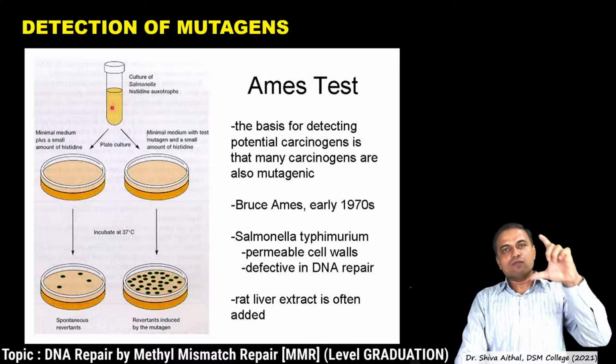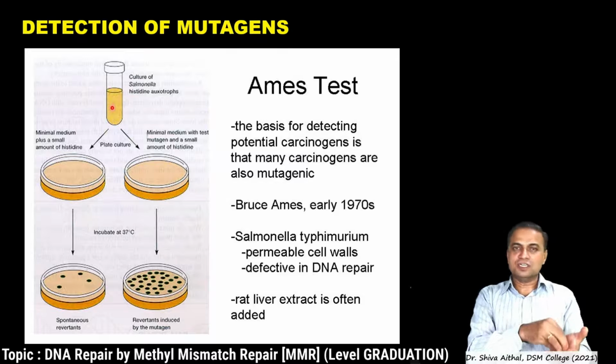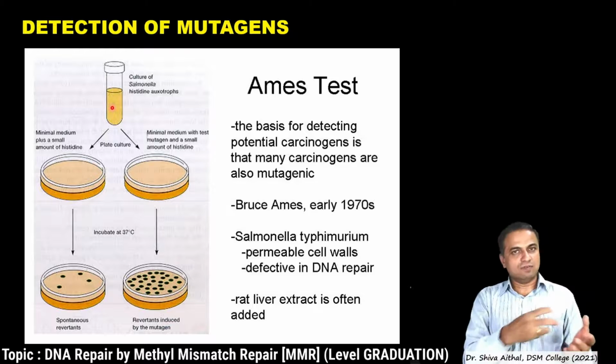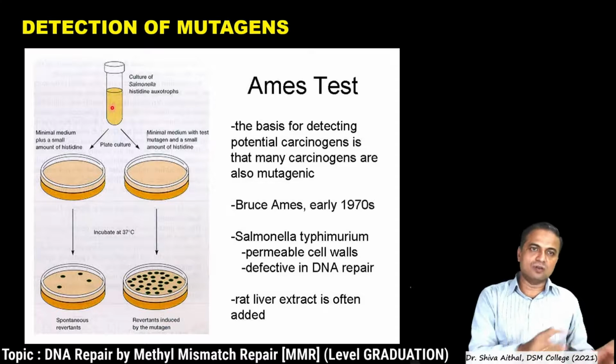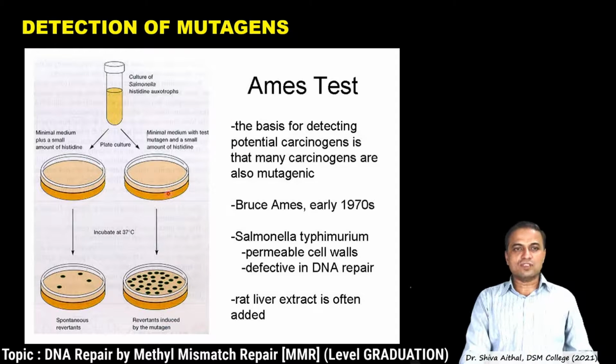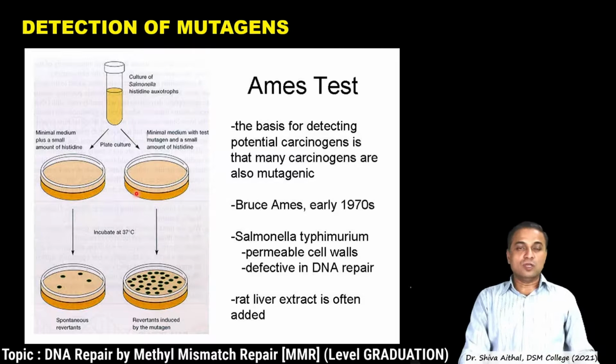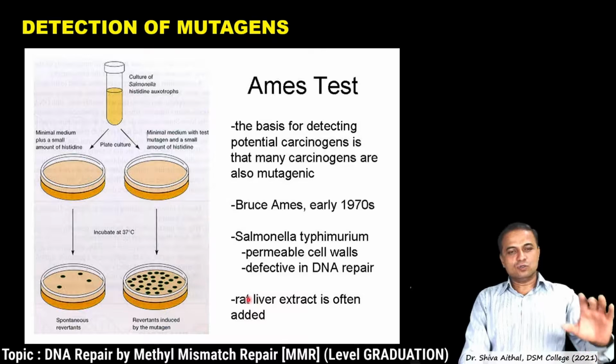They are auxotrophic for histidine, means if histidine is not added in the medium, they will not grow. They need histidine. The other is a prototroph, means if you are adding histidine, they will grow. If you are not adding histidine, they will not grow. In the presence of this carcinogenic compound, it will mutate and become auxotroph. So this is a simple test, no need to go into much detail.